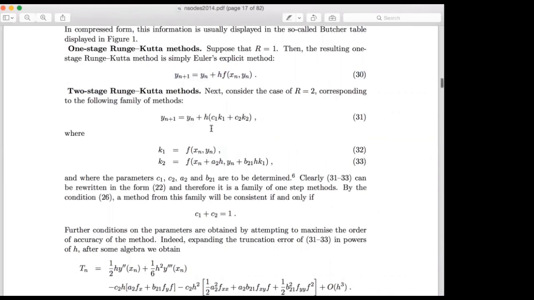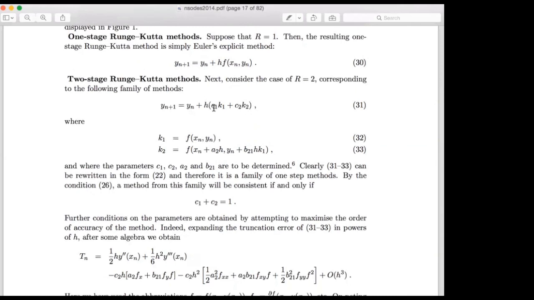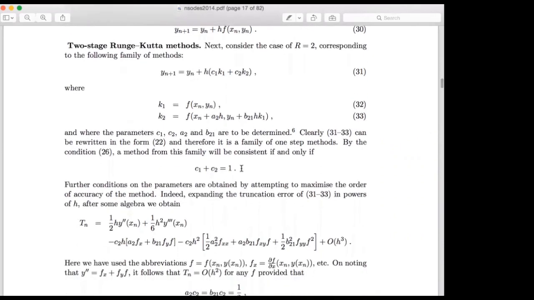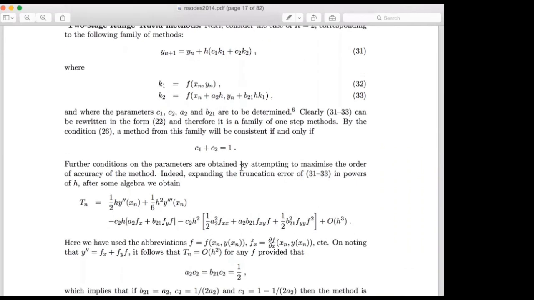So how many parameters do you have here? You have 4 parameters, C1, K1, and C2, K2. Am I right? 4 parameters. Using some error analysis, they try to obtain 4 equations, but unfortunately we were not able to obtain 4 equations.